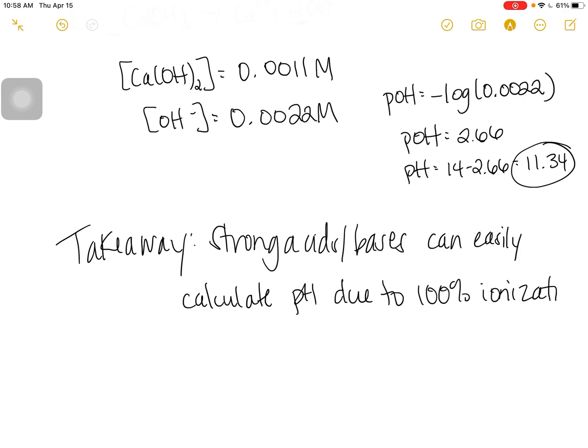Okay, and for that matter, we can back up a pH. We can back up an H plus concentration or an OH minus concentration to be the initial concentration of the acid or the base from the ratio and the 100% ionization. So I hope what you're seeing is that the strong calculations are going to be your easy calculations, but when we get to do weak acids and bases, that's a whole different ballgame because the ionization is no longer 100%, and this relationship becomes much more difficult.